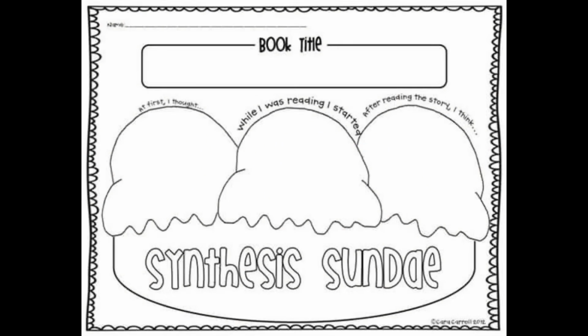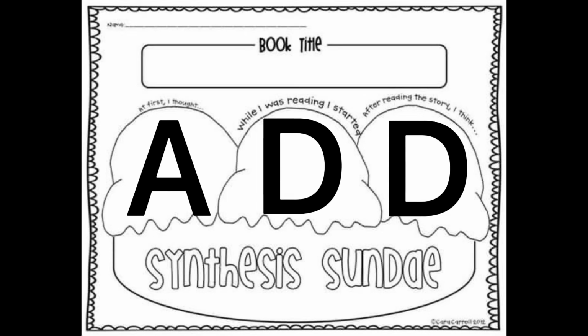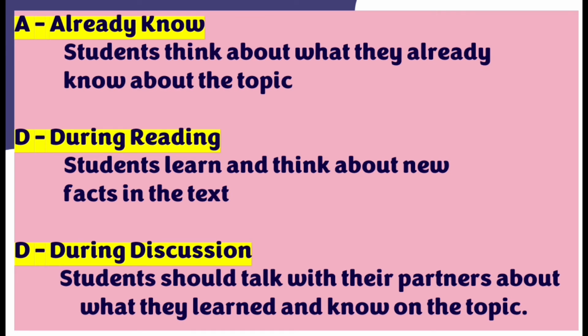We can also have a simplified technique of synthesizing with the use of the ADD method. ADD as in A, D, and D. The A stands for already know. Here, you as students think about what you already know about the topic. Then we have the D, during reading.